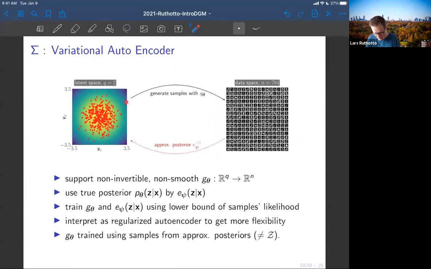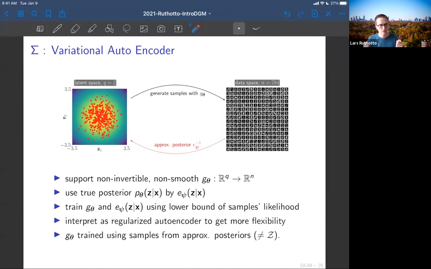Again, that's the problem we are tackling. So for the generator we want to train, this is the main direction here, we will have an approximate posterior that we are going to learn, which is nice in the sense that there is a notion of correspondence between the latent space and the data space.